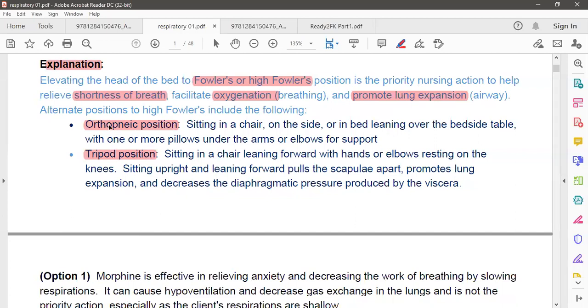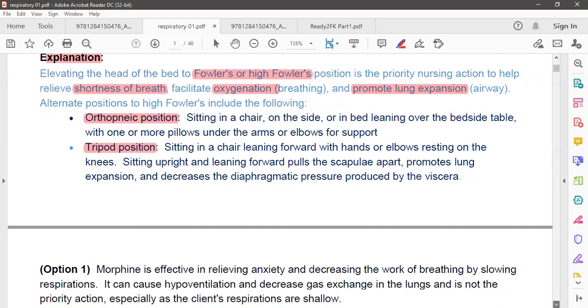Orthopneic means sitting in a chair or on the bed, leaning over the bedside table. Tripod means sitting in a chair, leaning forward with the hands or elbows resting on the knees. Both can help more oxygen, promote lung expansion, and reduce shortness of breath.